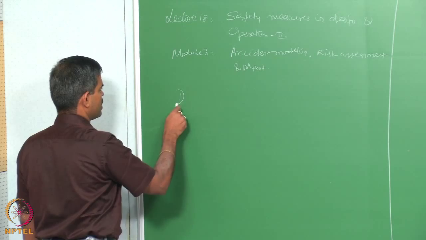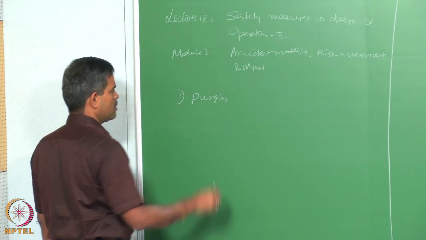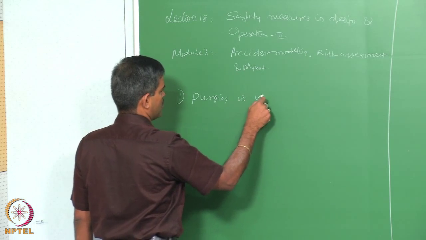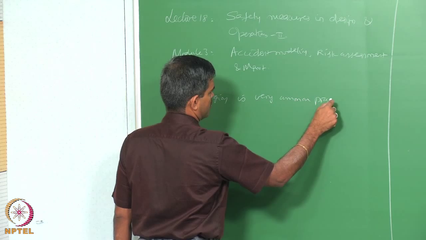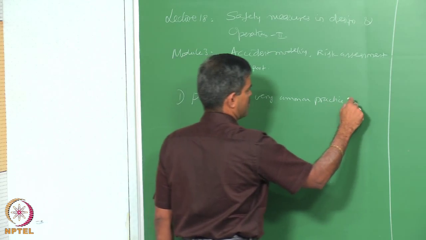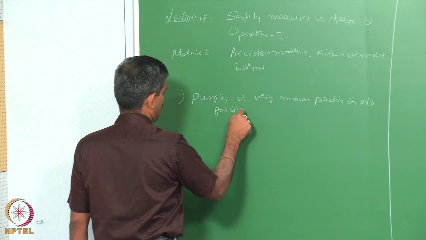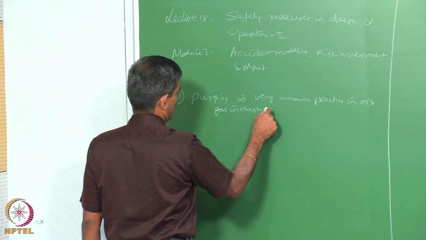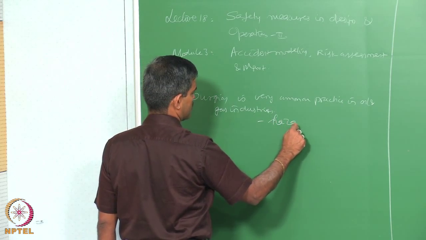We said that purging is one important mechanism for safe operation, which is a very common practice in oil and gas industries, essentially dealing with hazardous materials.